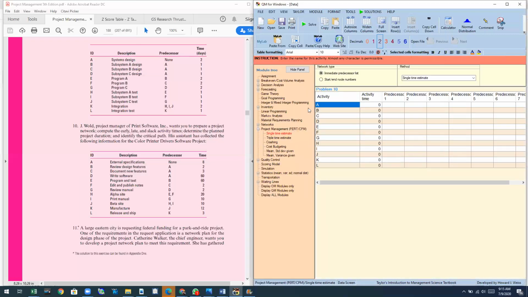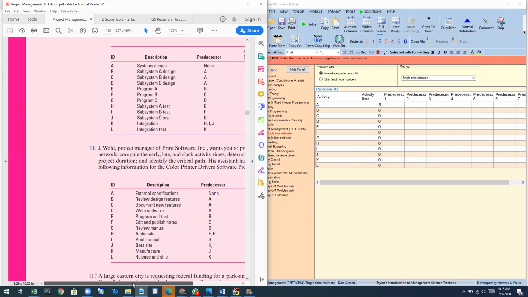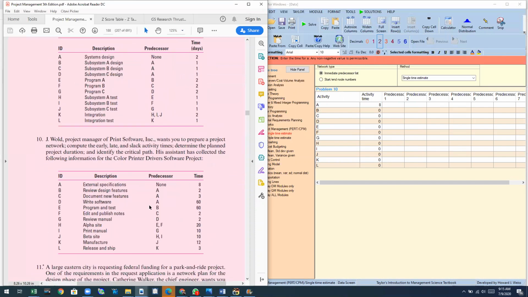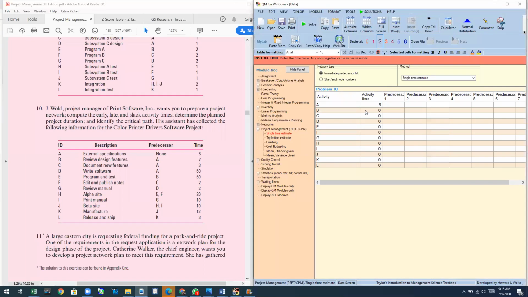All right, for activity A, the time is 8. I took this from the problem. The predecessor, there is none. B, time is 2, predecessor is A, so we type A there.